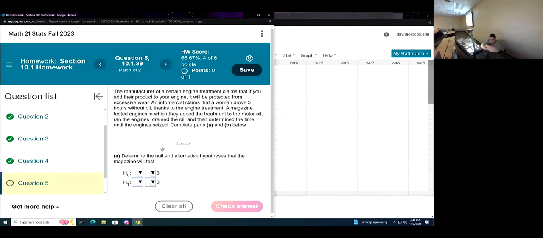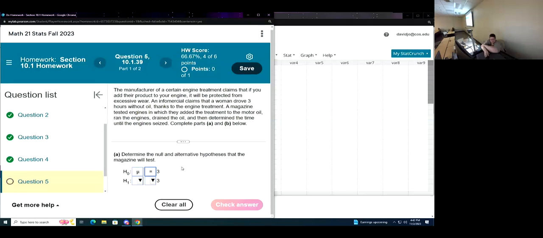So the null hypothesis is what the infomercial is going to claim. They're saying that it's 3 hours. This is not a proportion. It's a quantitative measure, so we've got to be dealing with a mean. So the mean equals 3. It doesn't really say what HA is. It doesn't say if they're just checking for less than or greater than, so we're going to assume not equal to.